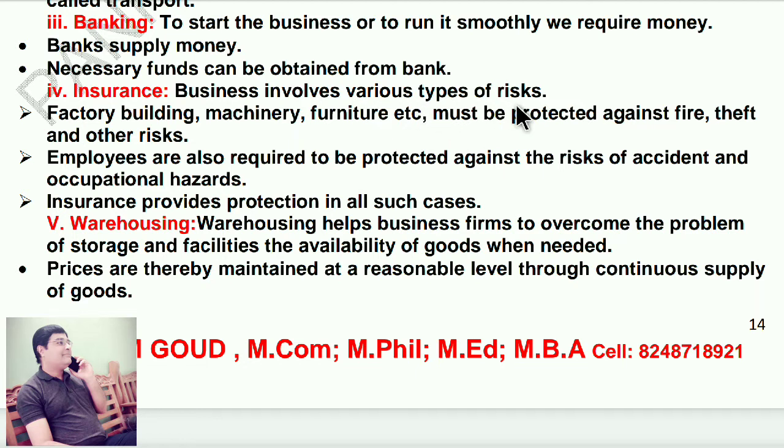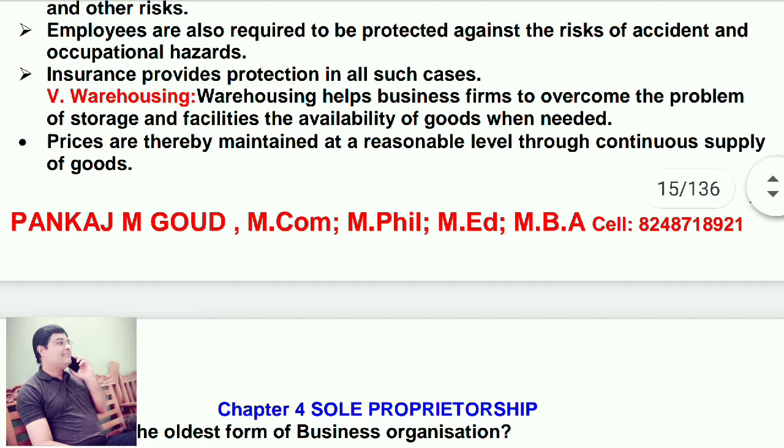Business involves various types of risk. Factory, building, machinery, furniture, etc. must be protected against fire, theft, and other risks. Employees are also required to be protected against the risk of accident and occupational hazards. Insurance provides protection in all such cases.